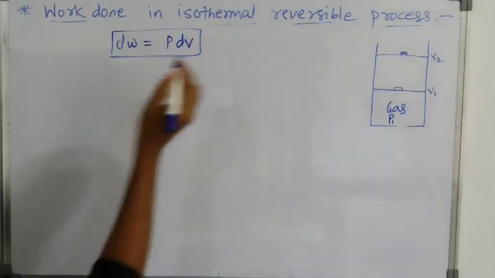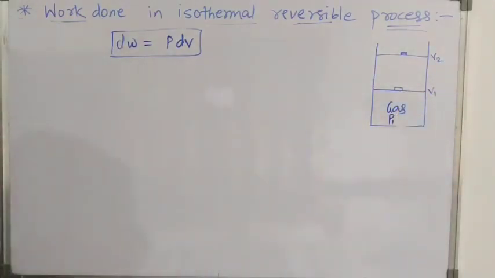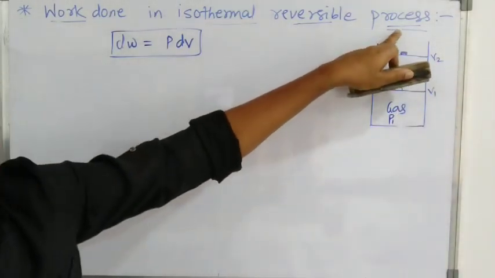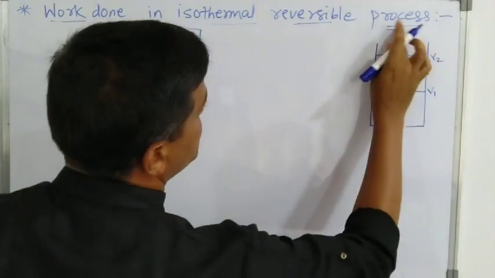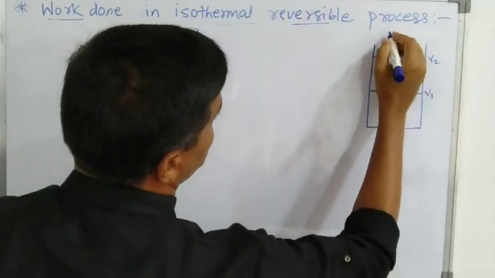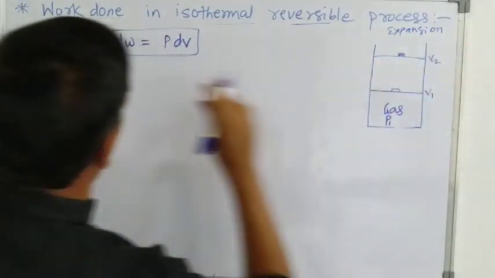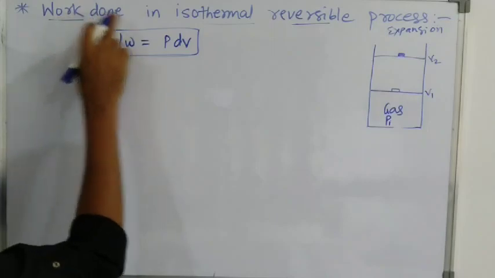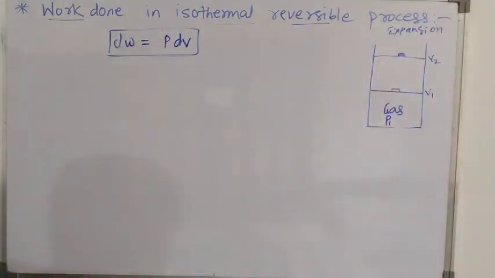Now since we have not defined here whether it is an expansion or compression process, let us define this process as an expansion. We are determining the work done in isothermal reversible expansion of the gas.